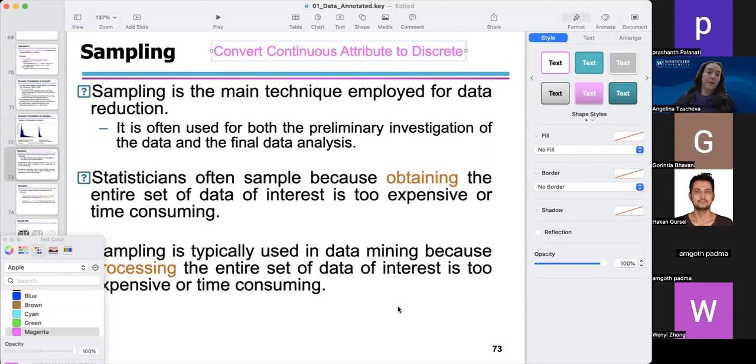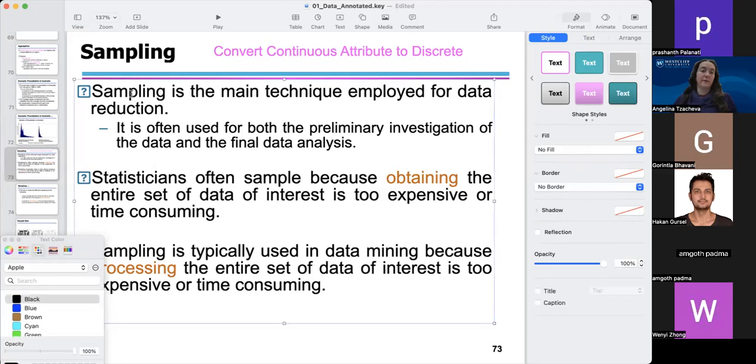But we don't care about these infinite temperatures because we need to have enough space in our computer to store all those temperatures, and nobody cares about millions of numbers between 60 and 61. They just want to know if it was 60 degrees or 61 degrees.